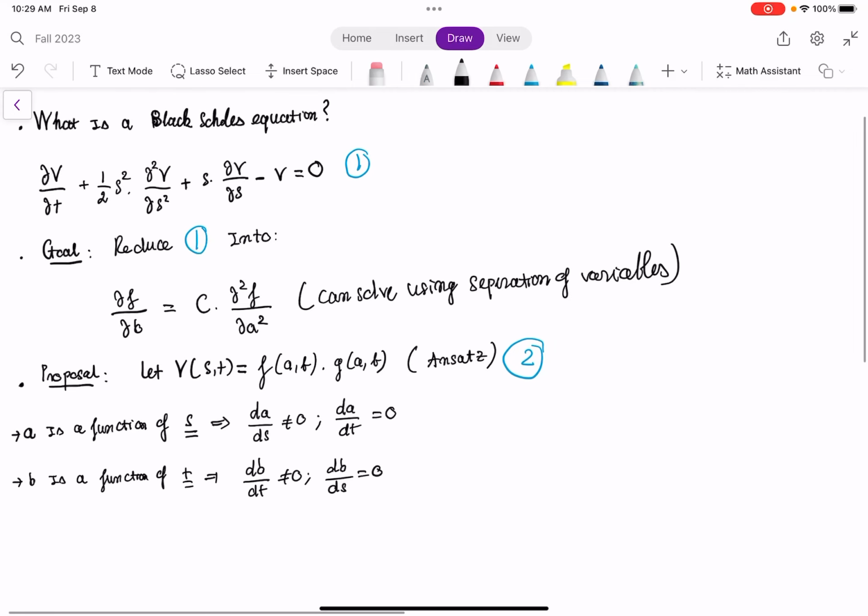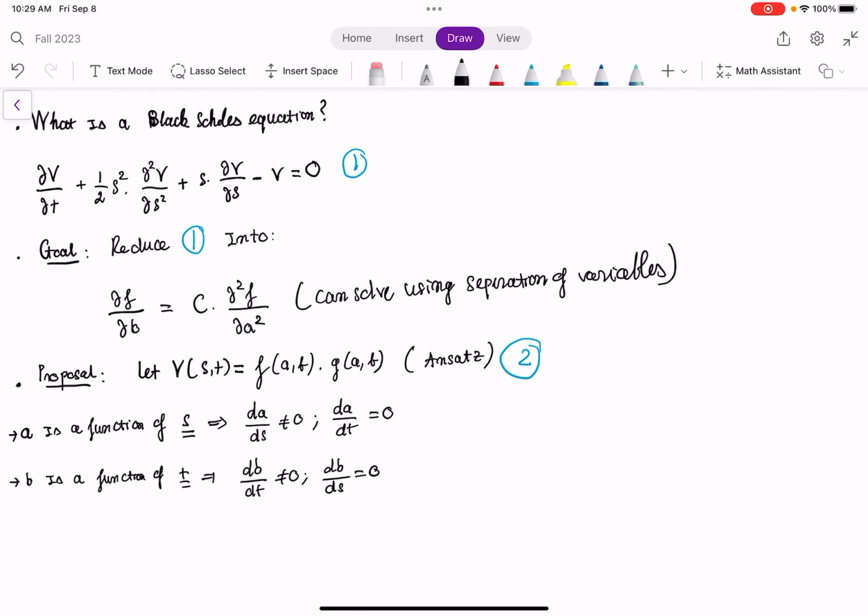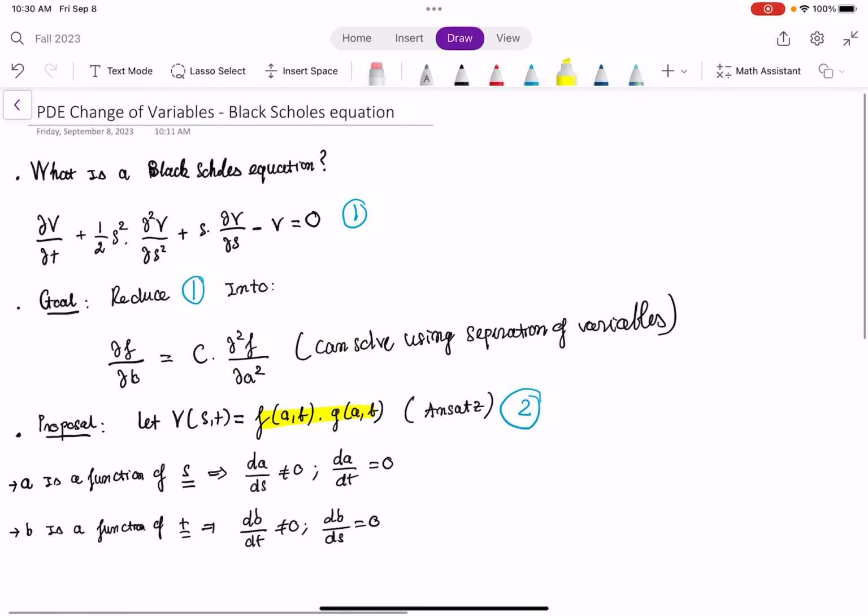And the proposal is just to say that v, our main function, we split it into two functions, f and g. F and g are both functions of a and b. That's the first part. The second part is that a is a function of s only and b is a function of t only, so you have some sort of derivative relationship. In the next video we will do it step by step.